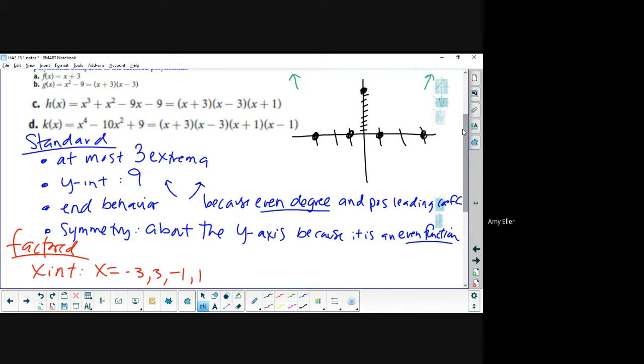I know you can all plot x-intercepts and y-intercepts. The end behavior, again, I just put the arrow at the farthest end of my graph, and I'll connect it when I'm done.